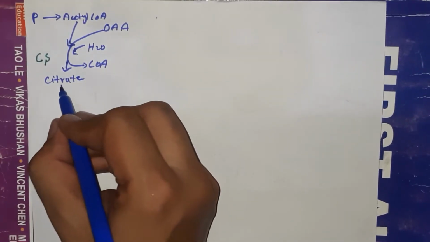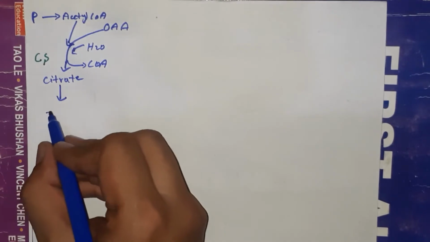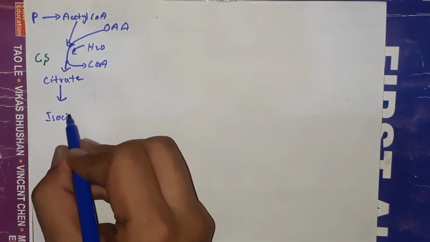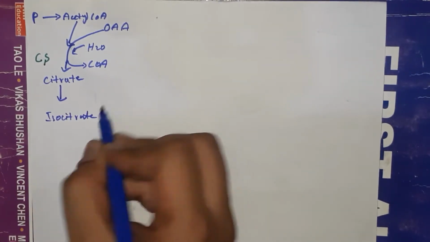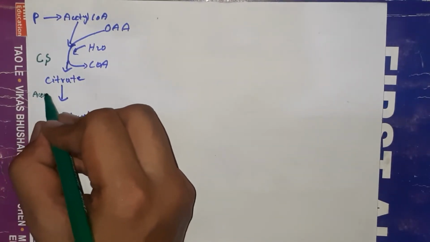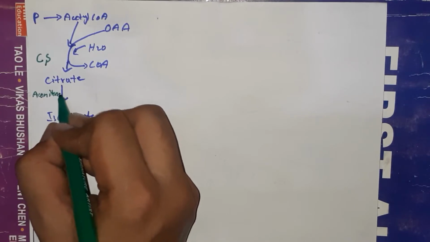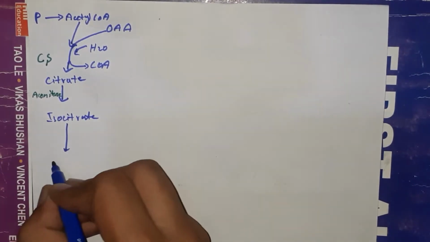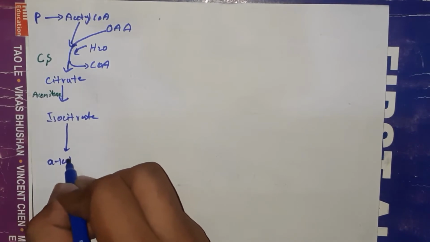Again, the citrate is isomerized to isocitrate, and this isomerization is catalyzed by enzyme aconitase.